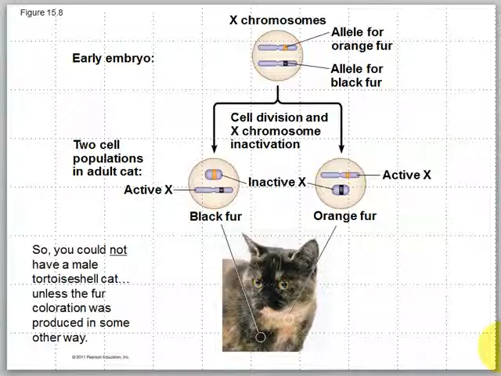This would be an example of mosaicism, where humans have a recessive X-linked mutation that prevents the proper development of sweat glands. So you can have a female, a woman, who is heterozygous for this trait. She received one X from her dad, one X from her mom, and which X got turned off and turned on is going to be completely random.